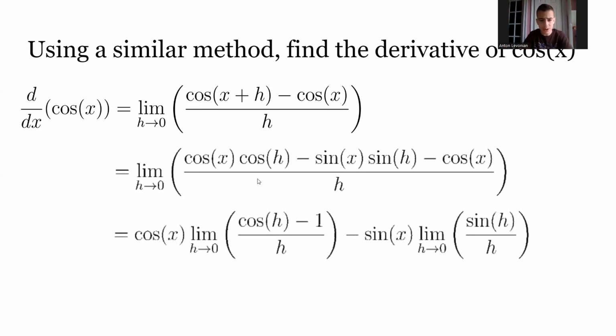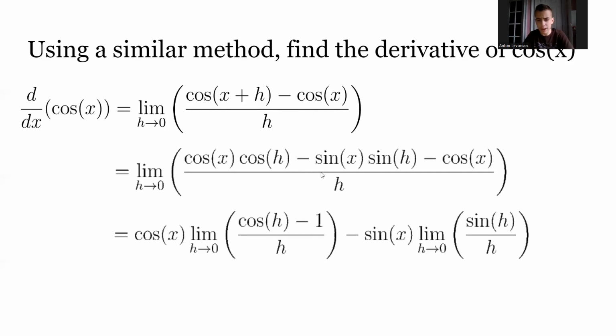But one of the most important parts is that we can break this big limit into a sum of smaller limits. So notice that this cosine of x is once again a constant since we are only dealing with h in the limit. So we can pull it out. Then all the terms that have a cosine of x we can write in a new limit.